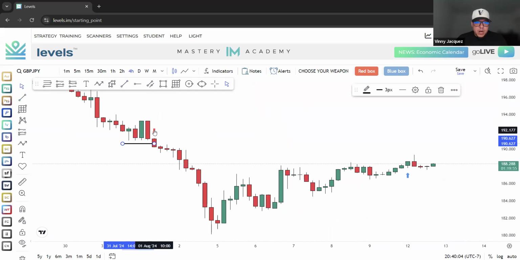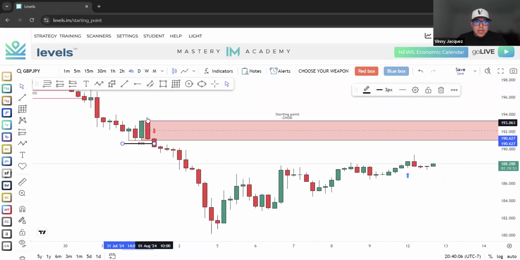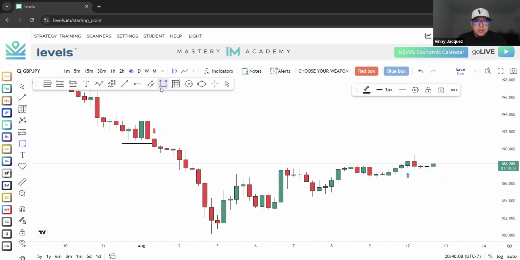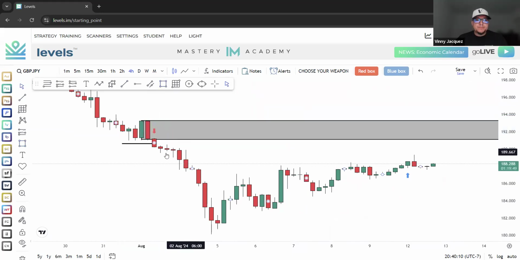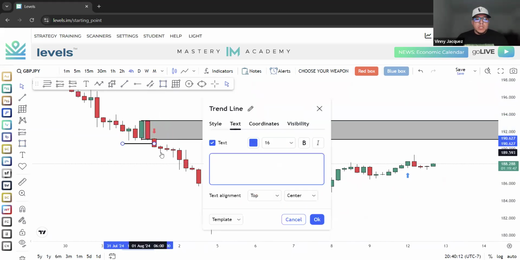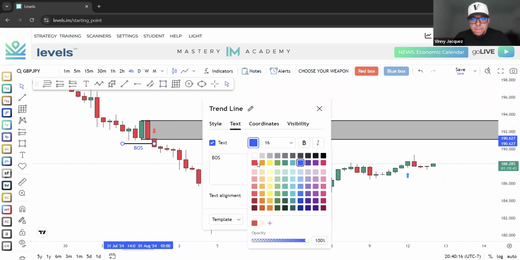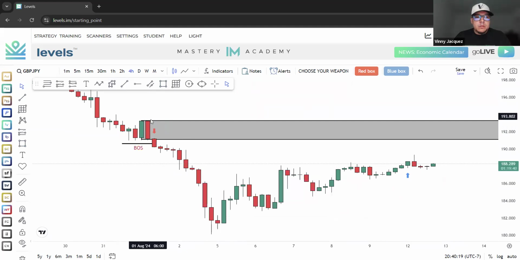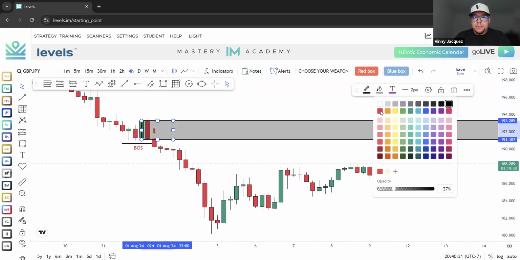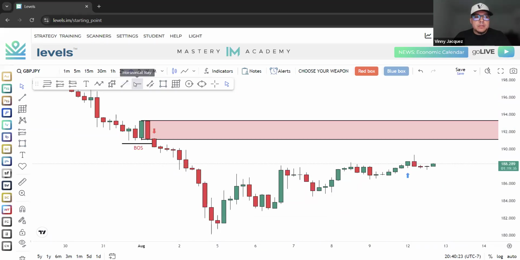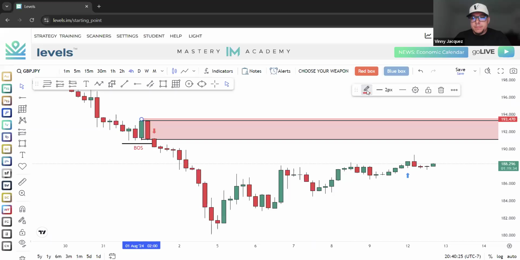So if I see a red arrow, I match that with the red box, and it's saying I have a possible sell zone right here in this area. So this would be my bearish break of structure. Let's change this to red. And my change of character line would be right here.